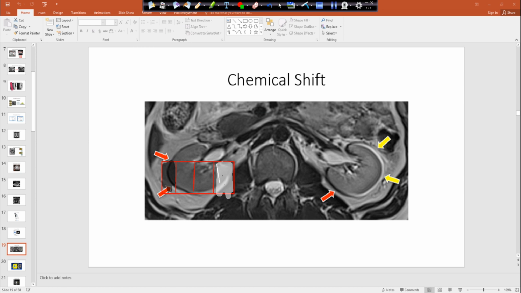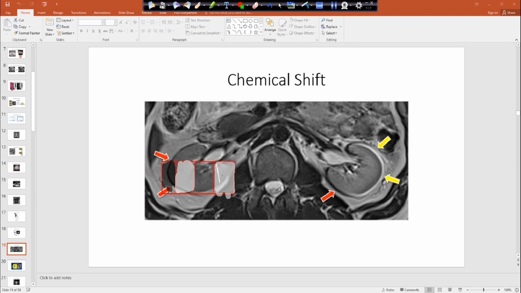So to remedy this chemical shift between our precessional frequencies of fat and water, and remember, see how there's that interface between water and fat. Water from the fluid in the abdomen, fat from the kidney. So to remedy this, we widen our receiver bandwidth so that now this chemical shift gets closer together to the point where it almost completely eliminates it, where it goes into the same box, the same pixel.